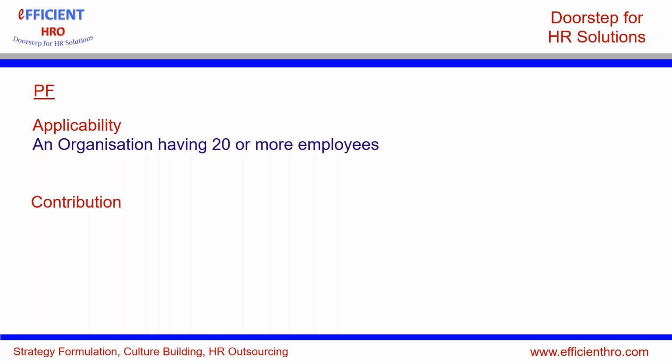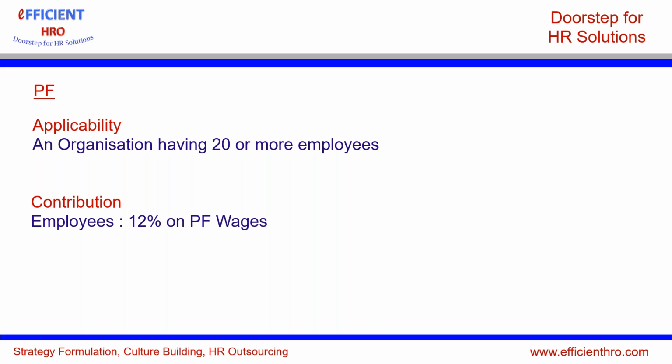Contributions. The contribution made by employees to the PF fund is 12% on PF wages. Many of you might be thinking, what is PF wages? That is not basic or basic and DA, as we have heard, but I will come to what exactly PF wages is.